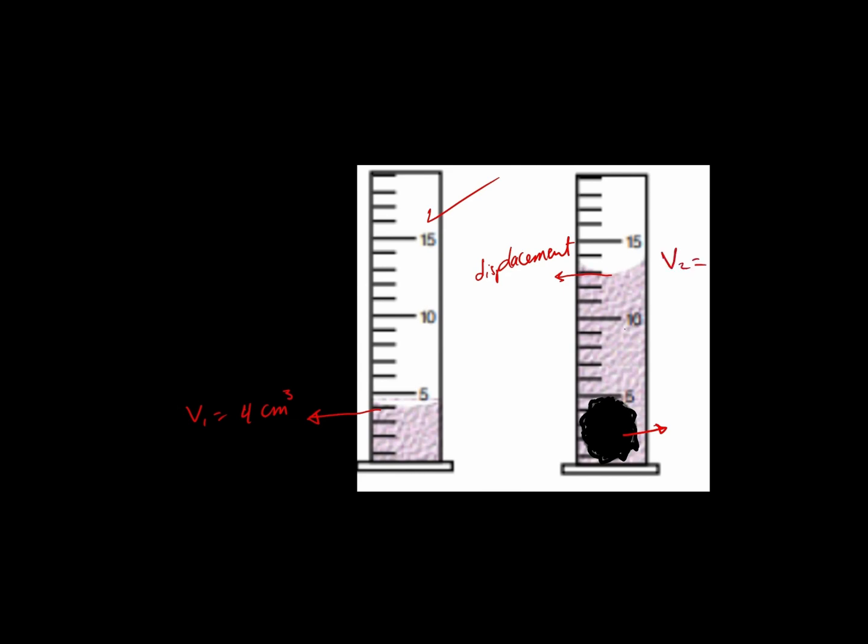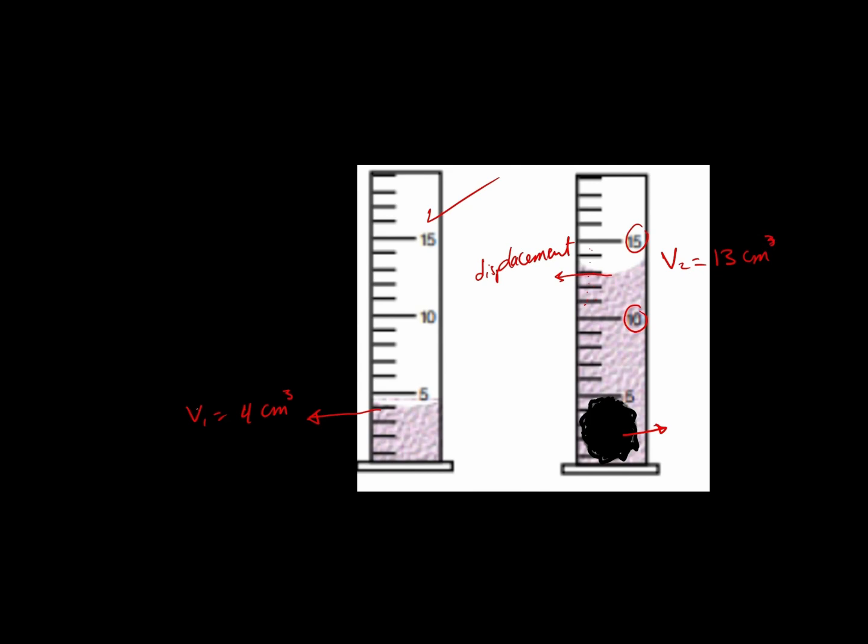Volume 2 equals, who can tell me? This is 10, this is 15. So between them we have 5 spaces, so each space is 1. So this is 10, 11, 12, 13. So volume 2 equals 13 cubic centimeters.